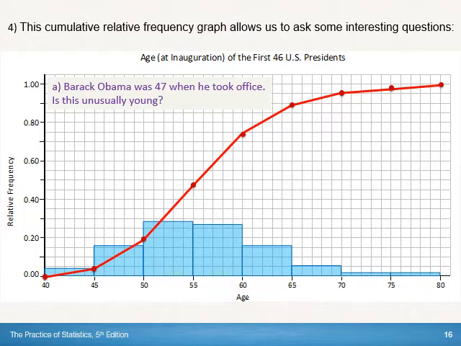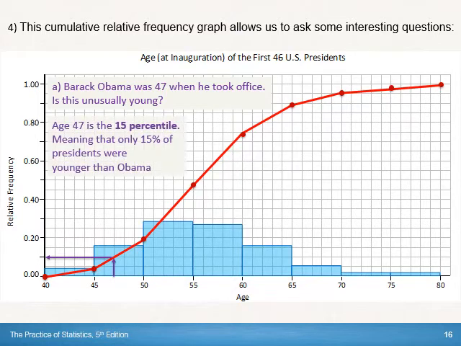So we go up to age 47 and we see where it hits our graph, and then we go over and read off the percentage. You can see that that's about 15%. So that means only 15% of the presidents are younger than him. So yes, he is particularly young because his percentile is 15%.